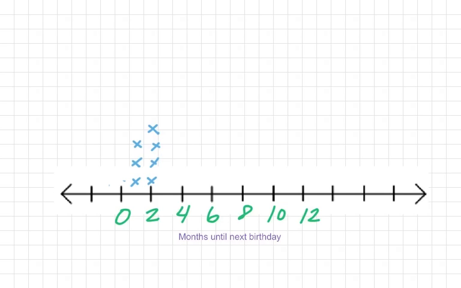There are 3 respondents that their birthday was 3 months away. Notice I'm just doing X's this time instead of dots. There was only 1 respondent whose birthday was 4 months away. So I just have the 1 X there.